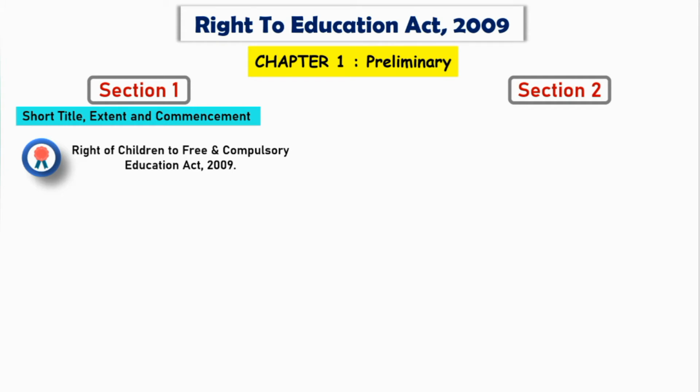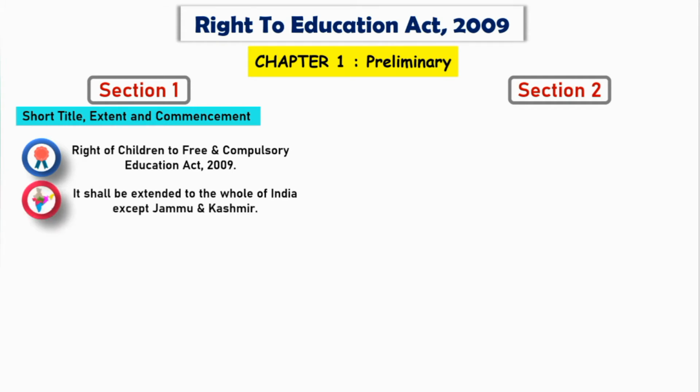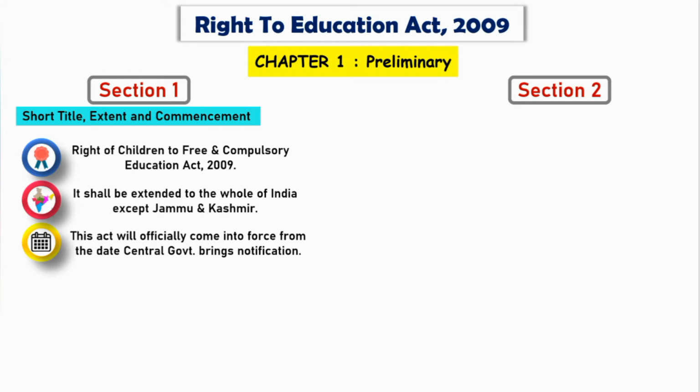It shall be extended to the whole of India except the state of Jammu and Kashmir. This act shall come into force on such date as the central government may by notification appoint. This means this act will officially come into force from the date central government brings notification.